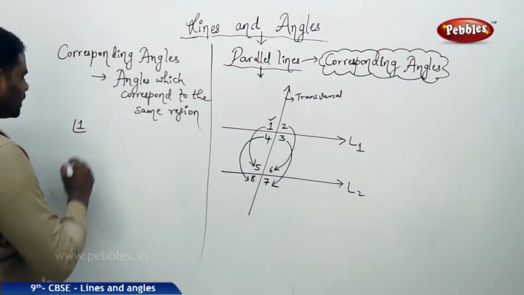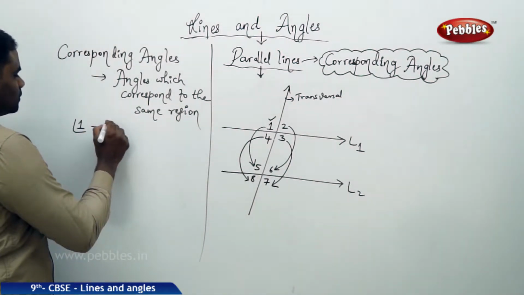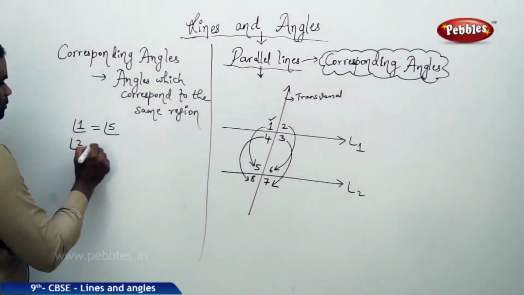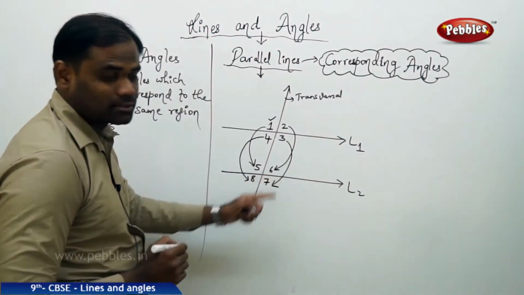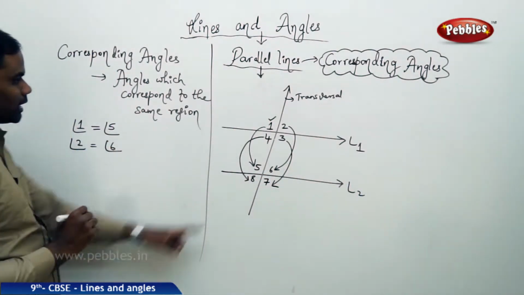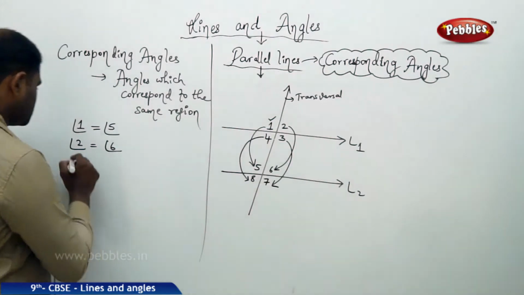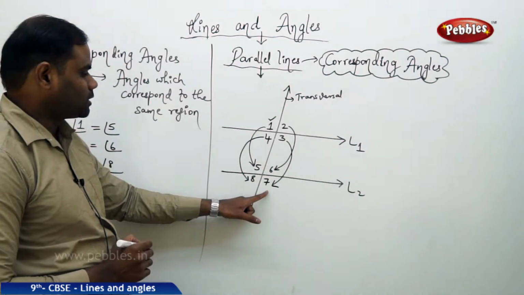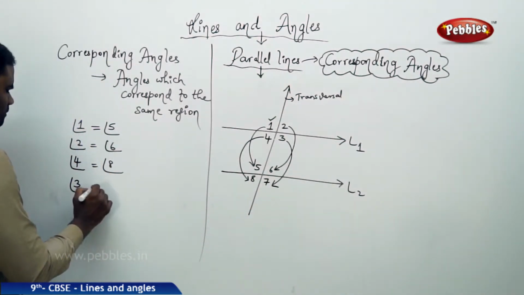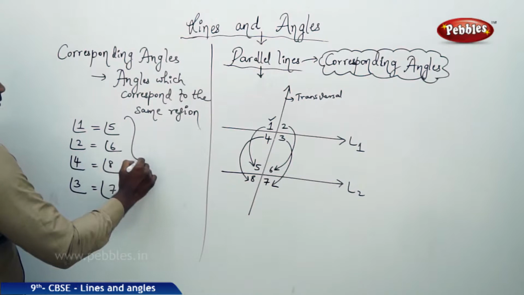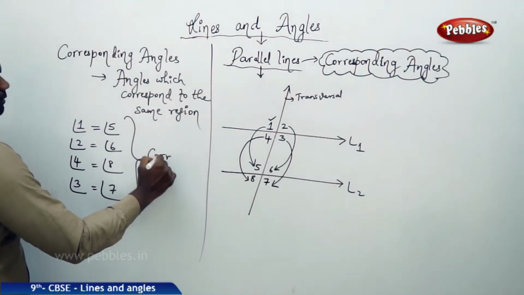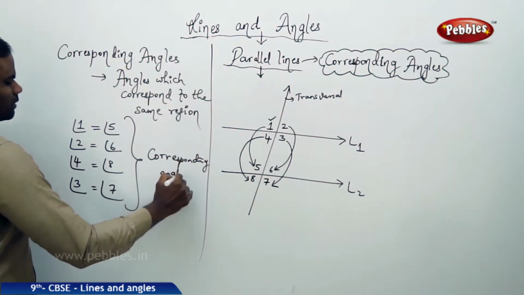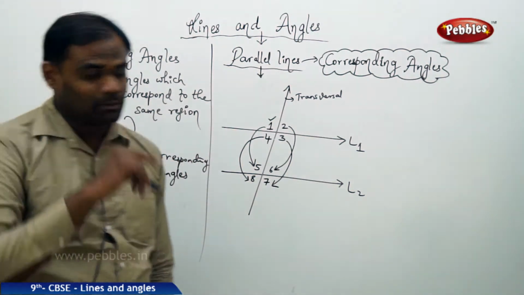Therefore, angle 1 equals angle 5, which are corresponding, and angle 2 is equal to angle 6. Angle 4, which corresponds to angle 8, are equal, and angle 3, which corresponds to angle 7, are equal. These are called corresponding angles and are always equal.